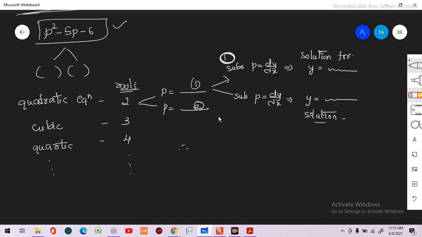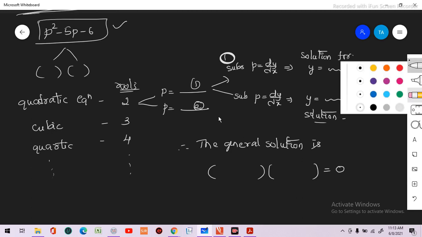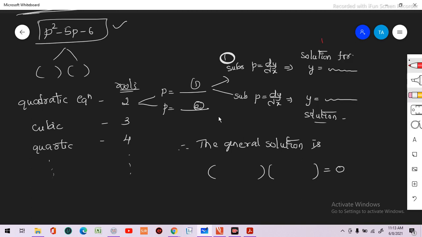Therefore, the general solution in solvable for p is that you have to write those solutions in product form, and that should be equal to 0. Are you getting my point? The first value you have got goes here, the second value goes here.